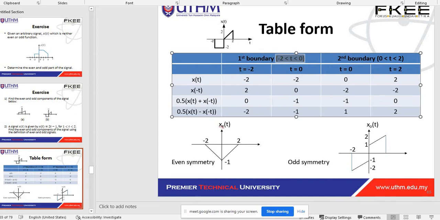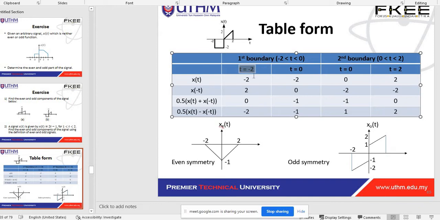So first of all, when t equal to -2, I have the value of what? Can you tell me? -2. And when t equal to 0, I have the value of -2 also.